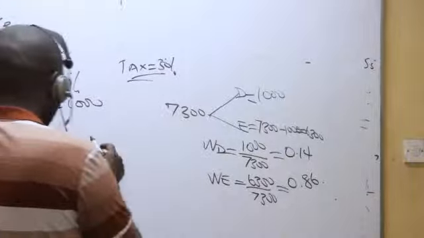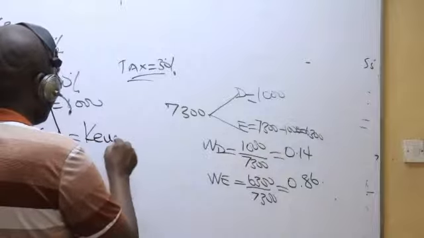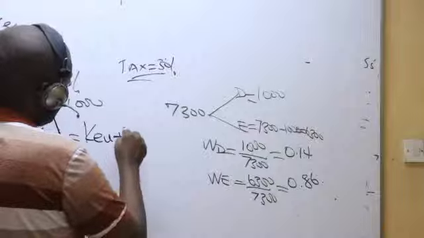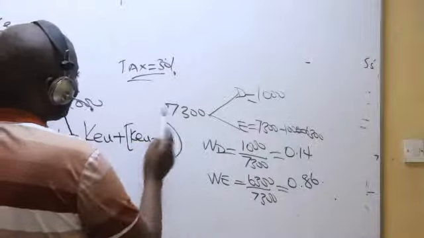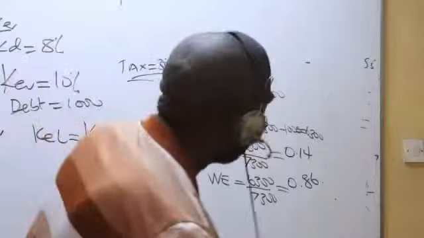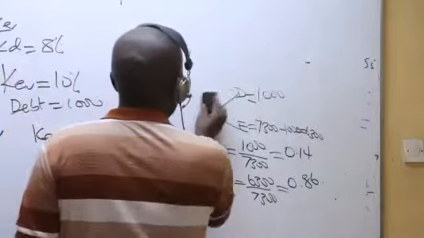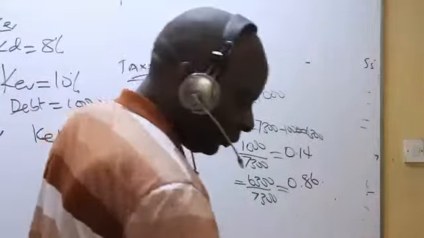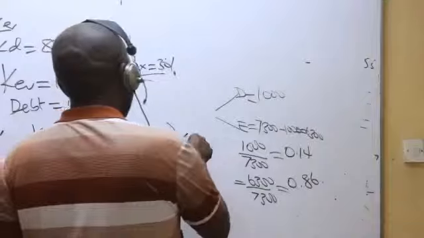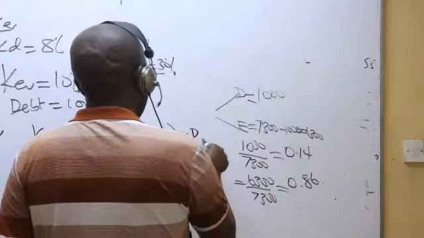John Mudhiani, KEL is KU plus, not minus, but plus, KU minus KD, into debt over equity, times 1 minus tax.